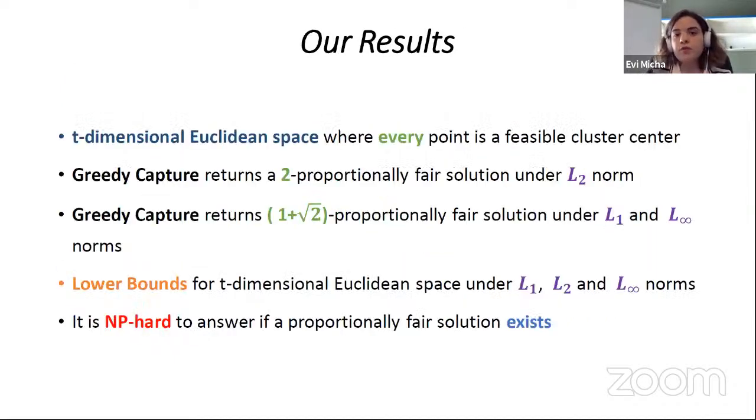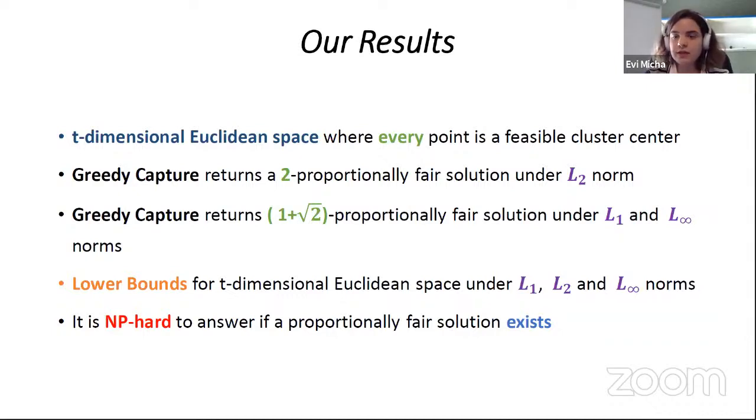In our work, we focus on some very famous metric spaces. In general, we consider the d-dimensional Euclidean space, where every point in the space is a feasible cluster center. We show that if we use the L2 norm as the distance metric, then greedy capture returns a 2 proportionally fair solution.